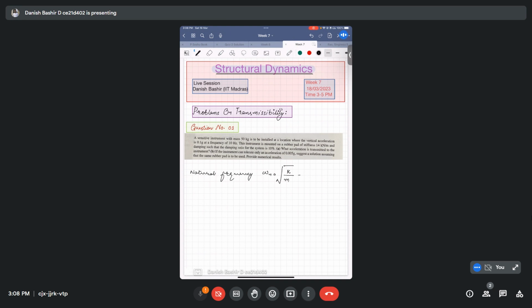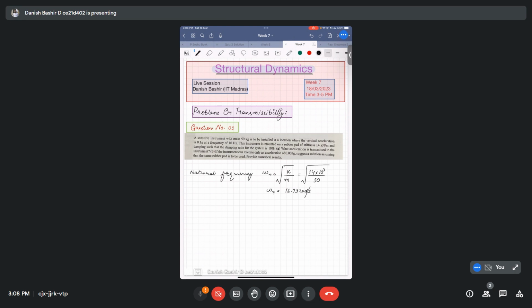And we are given k as 14 into 10 power 3, and mass is 50 kg. Solving it, we will get natural frequency omega n as 16.73 radians per second.